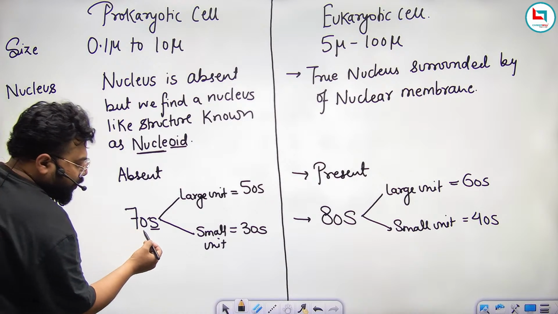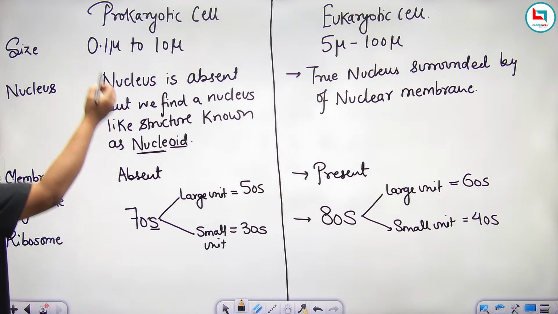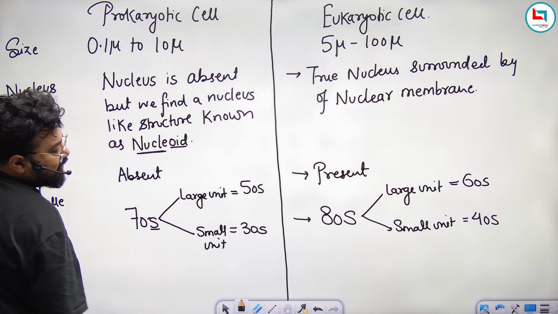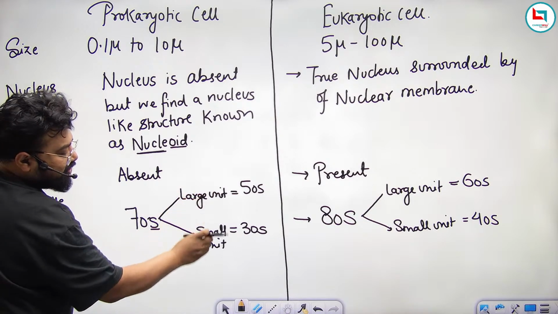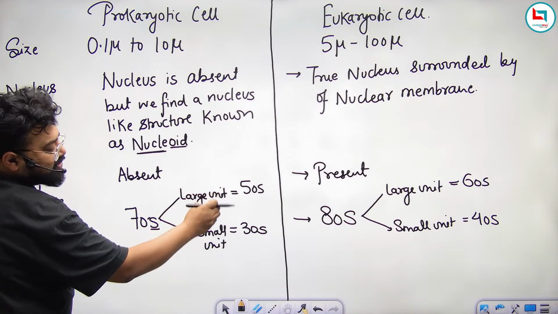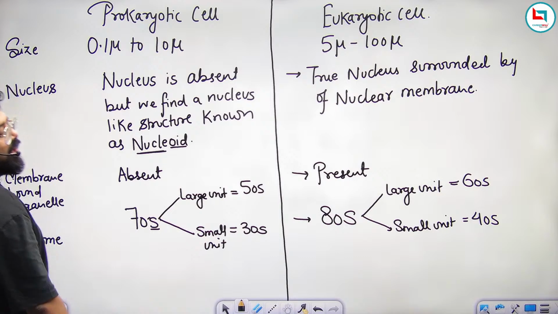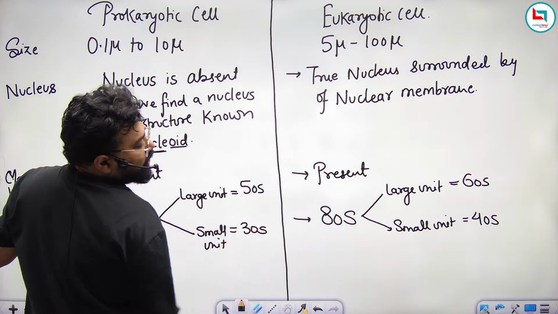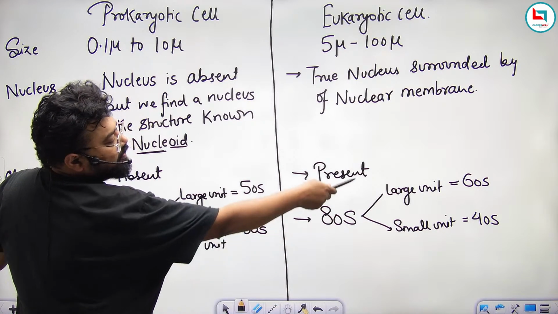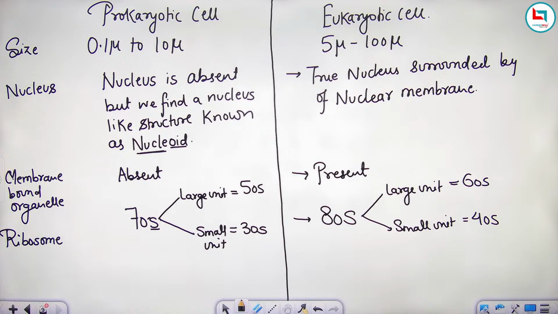During the time of protein synthesis, prokaryotic cells have 70S ribosome, which is formed by the aggregation of the larger unit 50S and smaller 30S, and in eukaryotic cells these are 80S, which are formed by large unit 60S and small unit 40S.